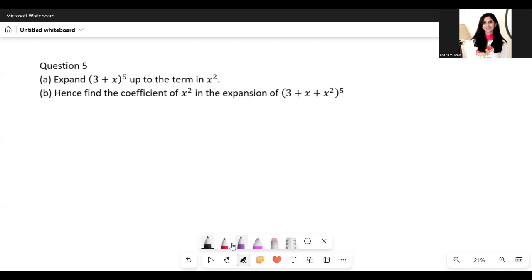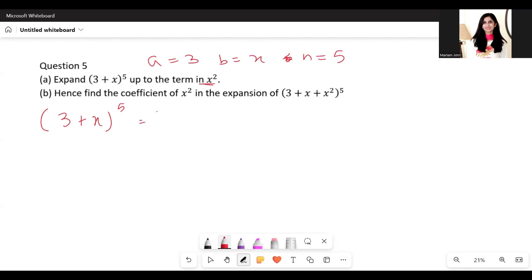Question number 5 is expand 3 plus x power 5 up to the term x squared. So let's start. 3 plus x power 5. A is 3 here, B is x, and N is 5. So substitute all of these in the given formula of expansion.